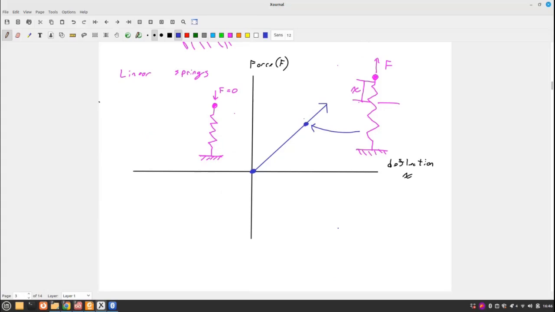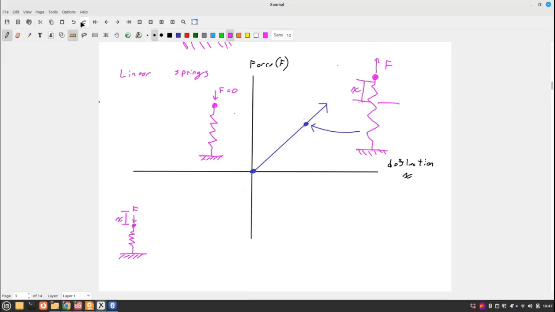Right? Now I can do the same for a compressed spring. And now I have a force acting down, and this here is my deflection x. So what have I drawn? I have drawn a system that is compressed.